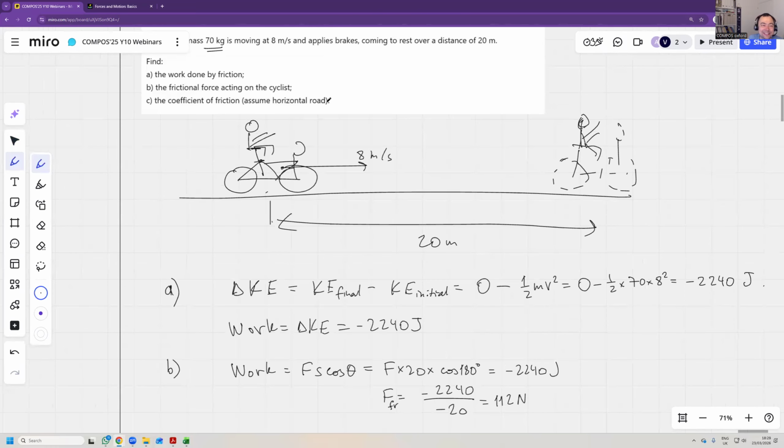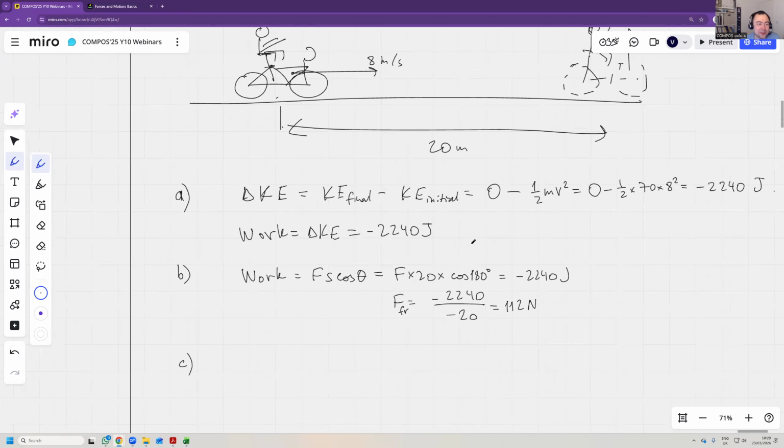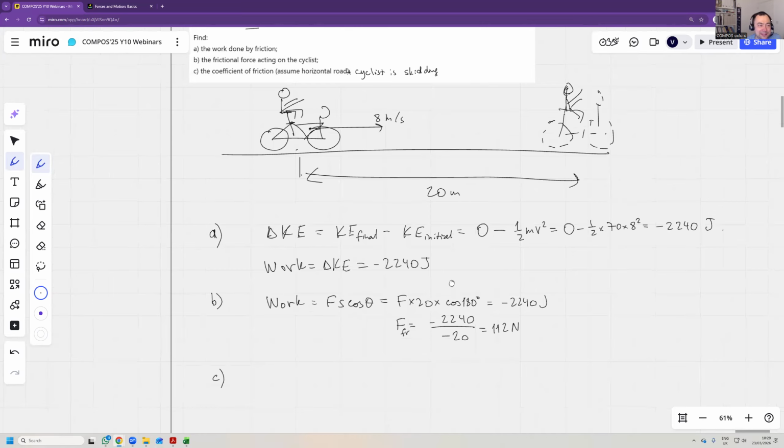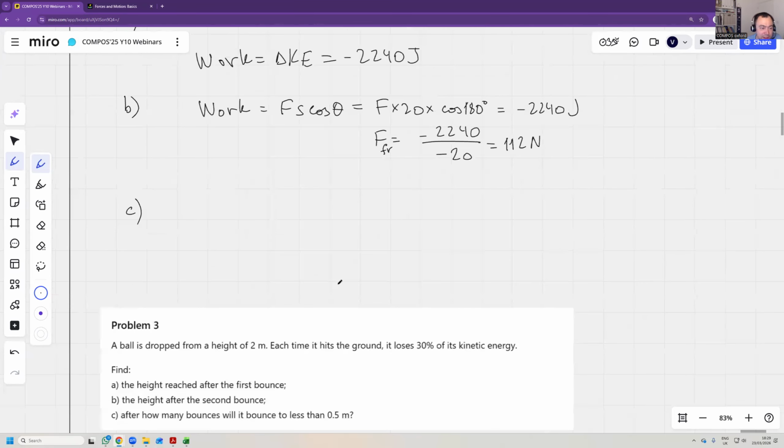This is when you press the brake so hard that you slide along the road. So this is the cyclist.